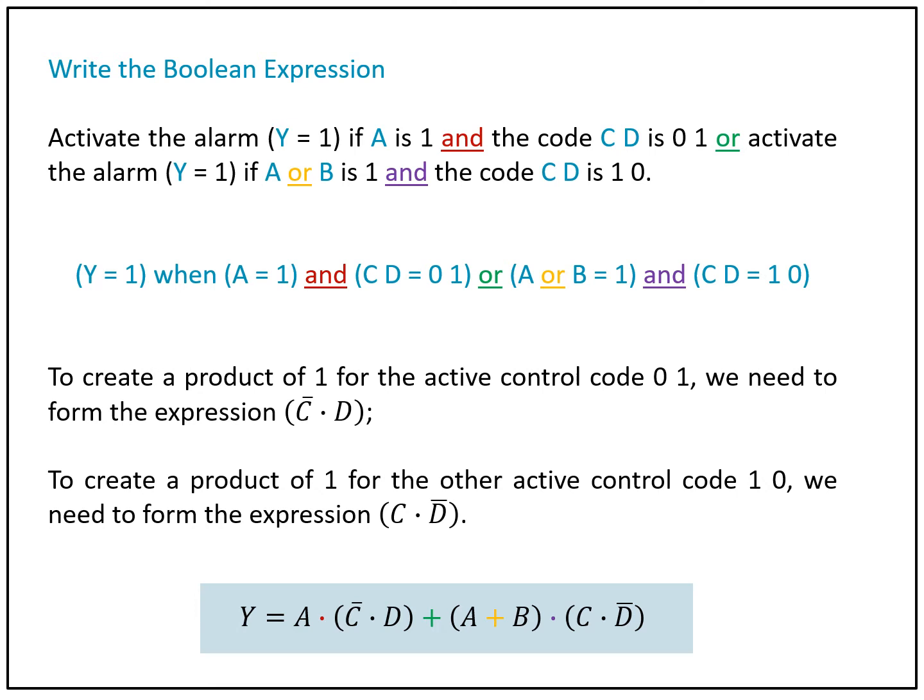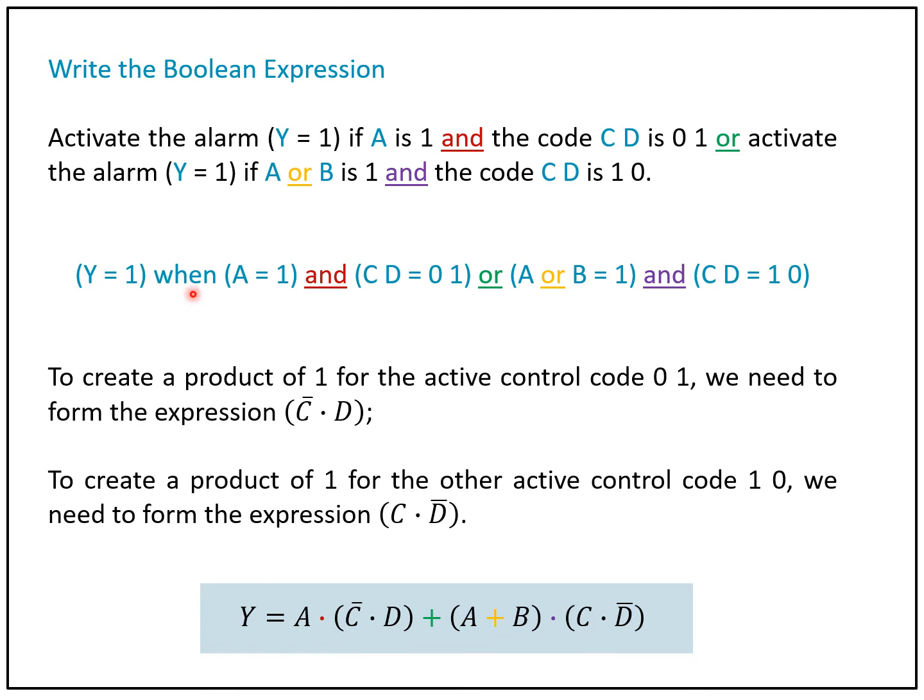Now the goal is to write the quasi-logic statement that we have as a Boolean expression. And we will do this in two steps. The first step is to further simplify the quasi-logic statement, so we try to remove as many words as possible. So we'll have Y equals 1 here, which corresponds to activating the alarm.